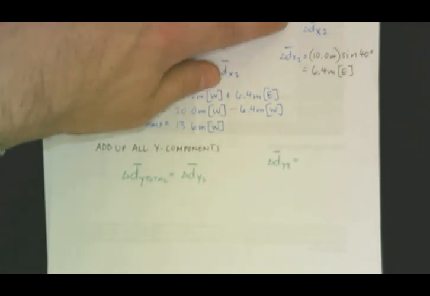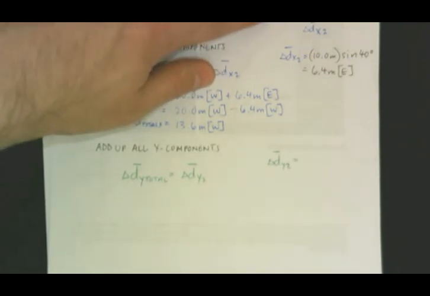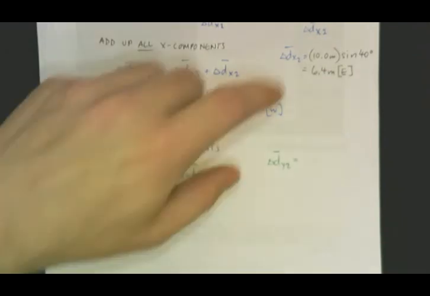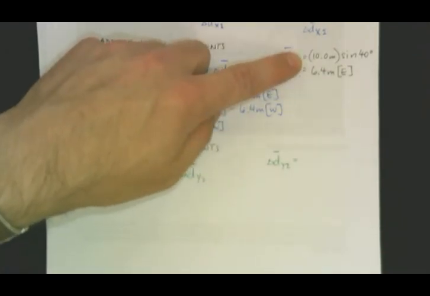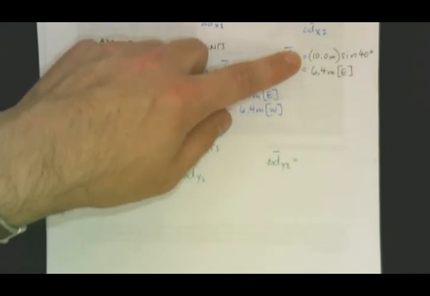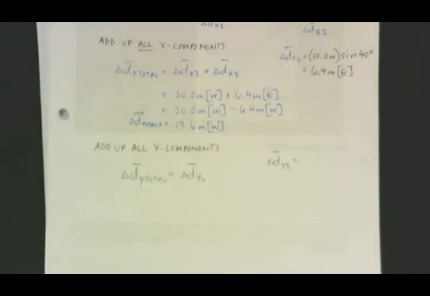So if we look at this green vector that we've drawn, this represents the adjacent side to the angle 40 degrees. If we have the hypotenuse and we use the adjacent side, what trig ratio is that? Cos. And here's the little trick. If the x component is sine, then the y component is going to be cos, or vice versa. If the x component was cos, then the y component is going to be sine.